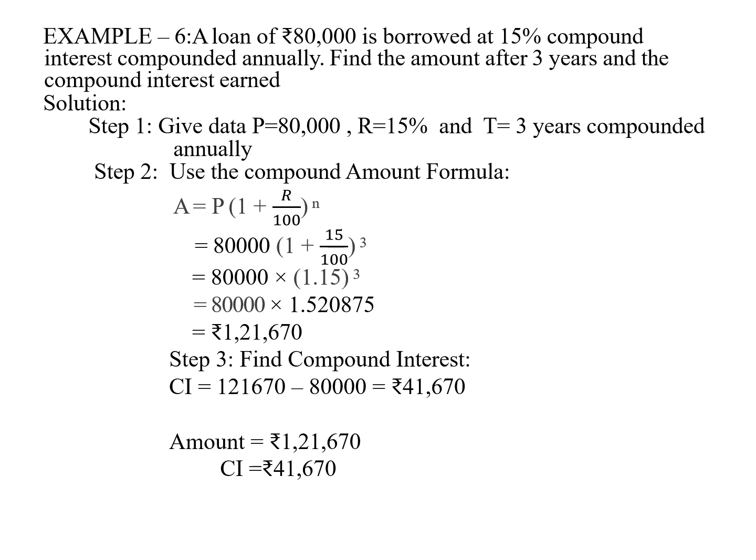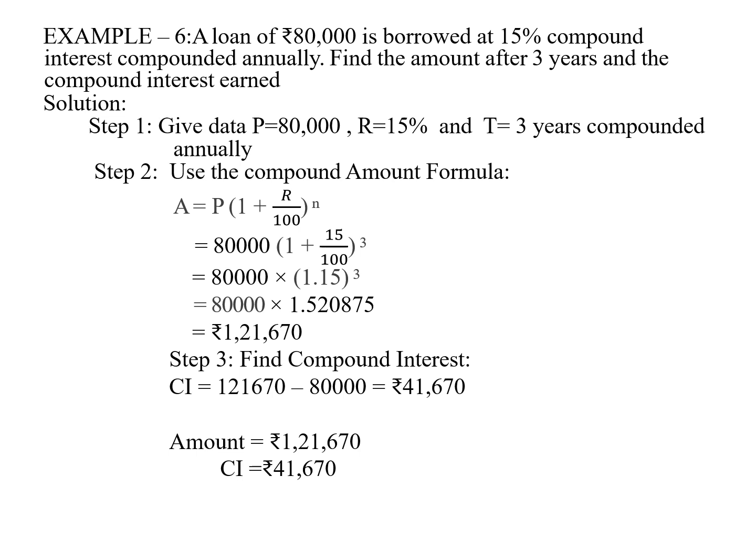Just now we got the amount, that is 1,21,670 rupees, minus the principal amount, which is given in the question as 80,000. So after subtracting 80,000 from 1,21,670, we got 41,670 rupees as the compound interest.